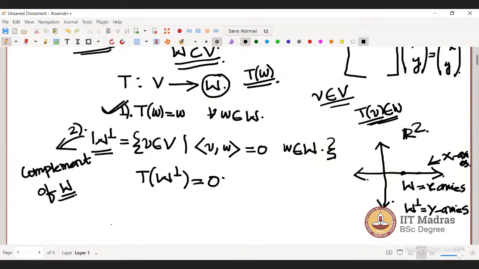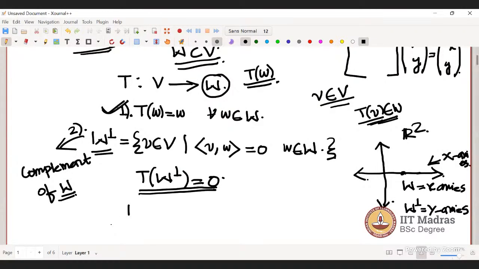As you can see, the projection of y-axis on x-axis: if you pick any element of the y-axis, then the projection of that point on x-axis is 0. That is what I have written here. If you take the orthogonal complement of W, then that image is basically 0.